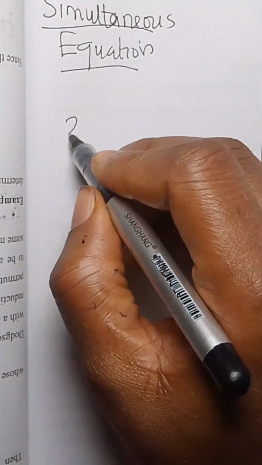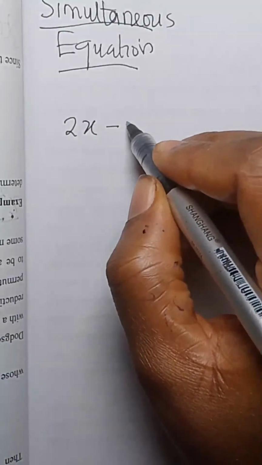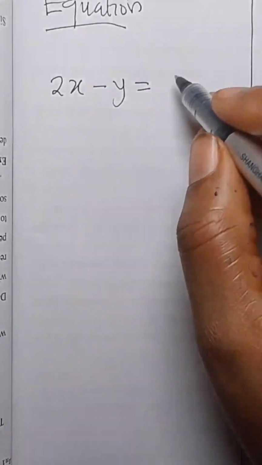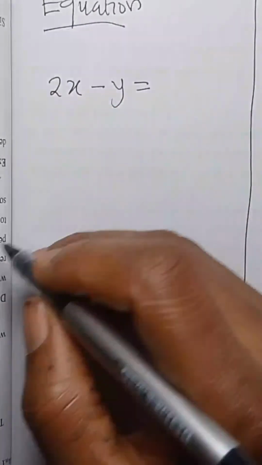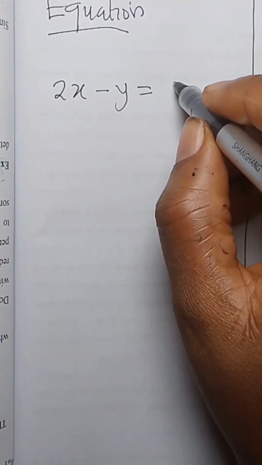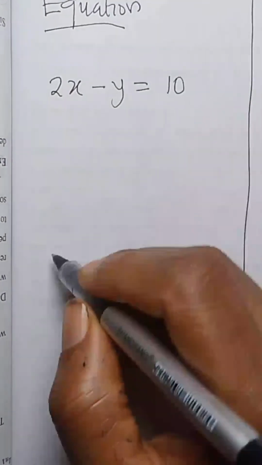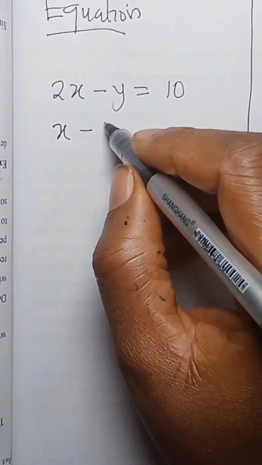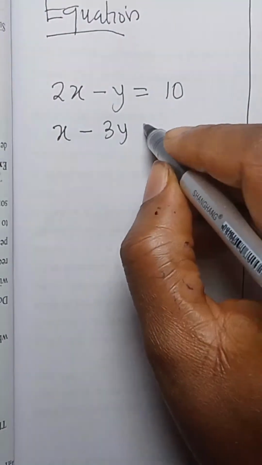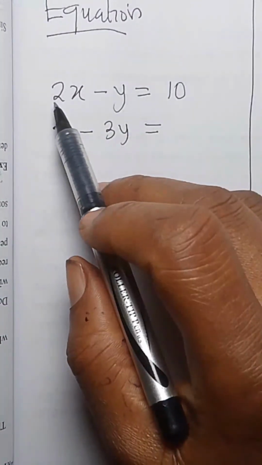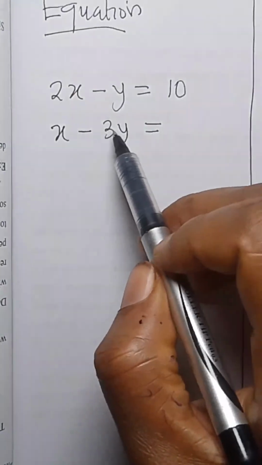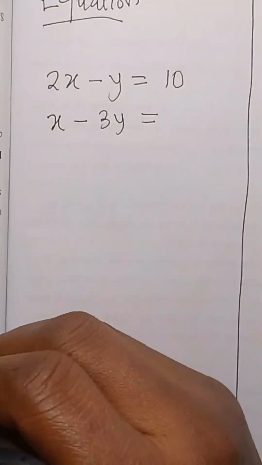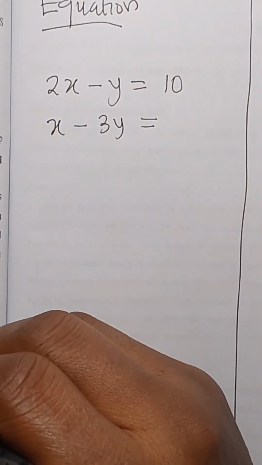Let's say we have 2x minus y equals 10. Then we have x minus 3y equal to, so just a minute. X there is 4.